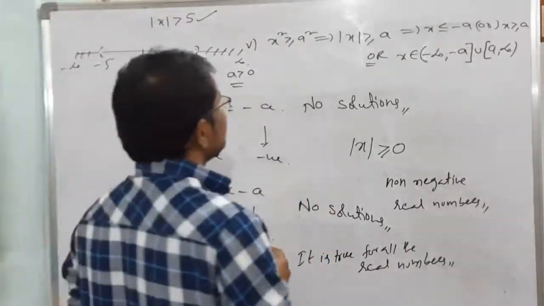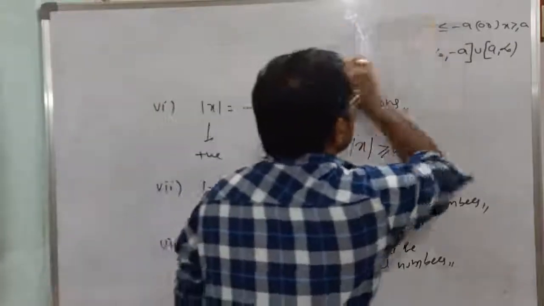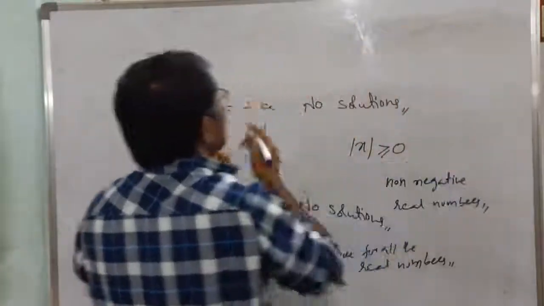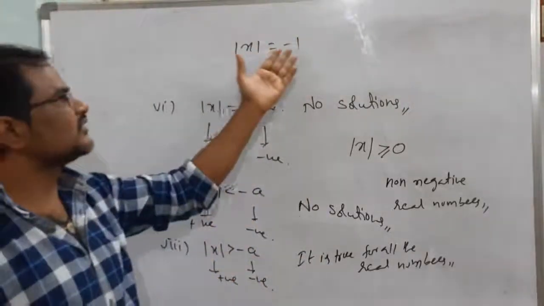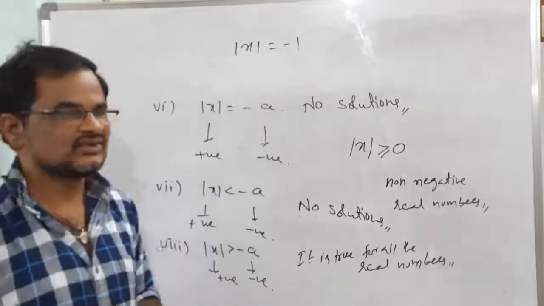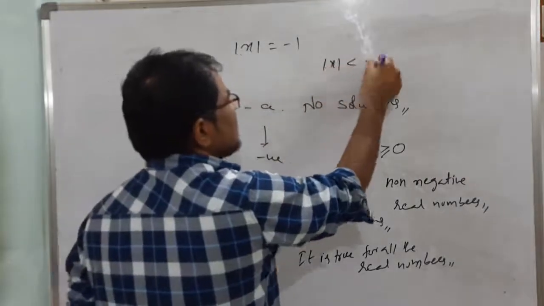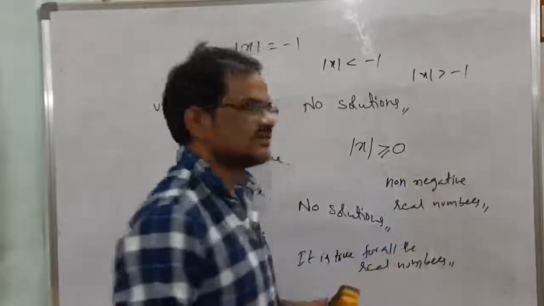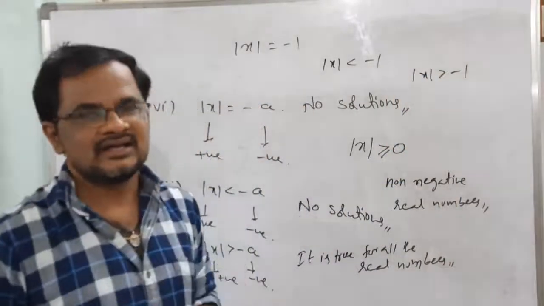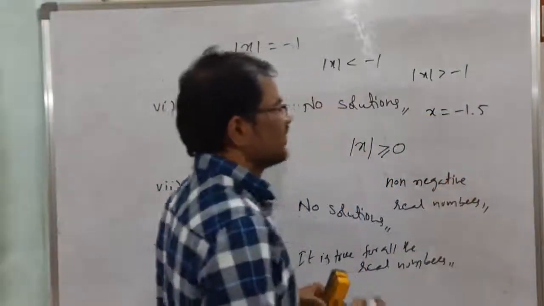For example, see. Mod x equal to minus 1. A positive value is not equal to minus 1. There is no solution, right? And mod x less than minus 1, no solution. But mod x greater than minus 1 exists for all the real numbers. Suppose you take x equal to minus 1.5.